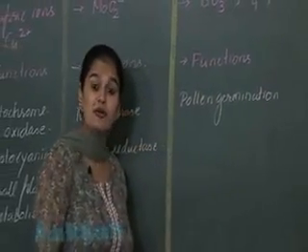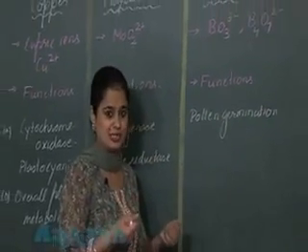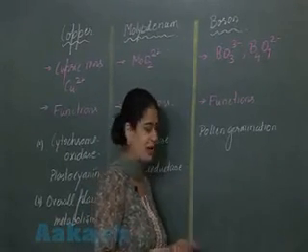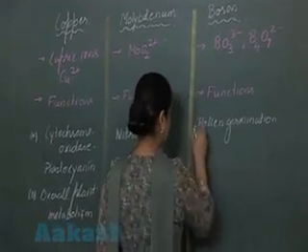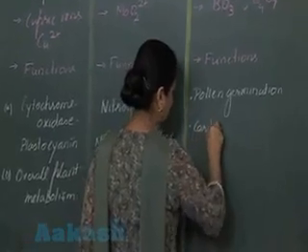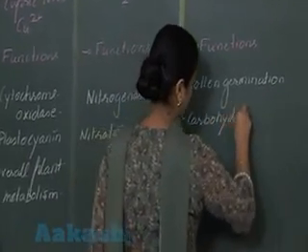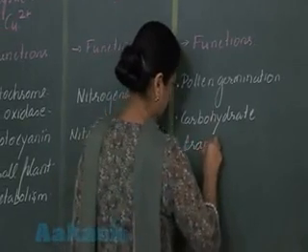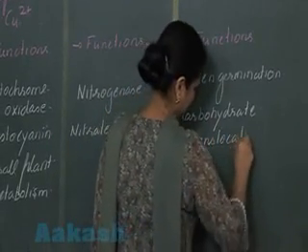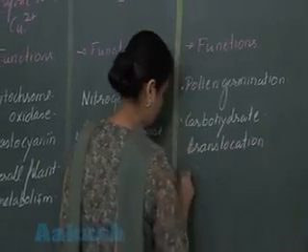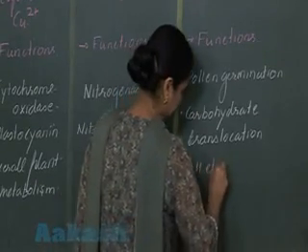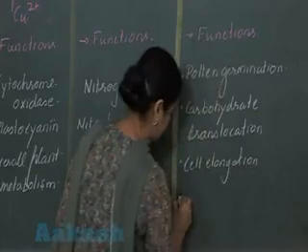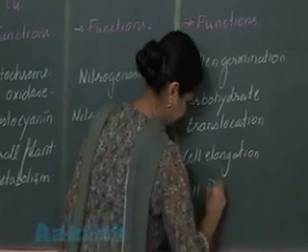Next, it is involved in the metabolism. It is involved in the absorption and release of calcium ions. Then इसके साथ साथ बोरॉन कार्बोहाइड्रेट ट्रांसलोकेशन में इन्वॉल्व है. That is, it is involved in sugar transport, involved in cell elongation, as well as cell differentiation.